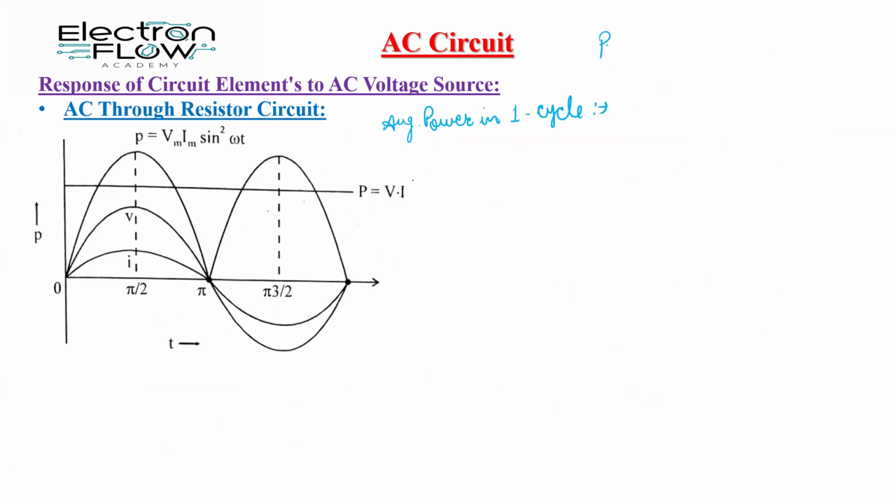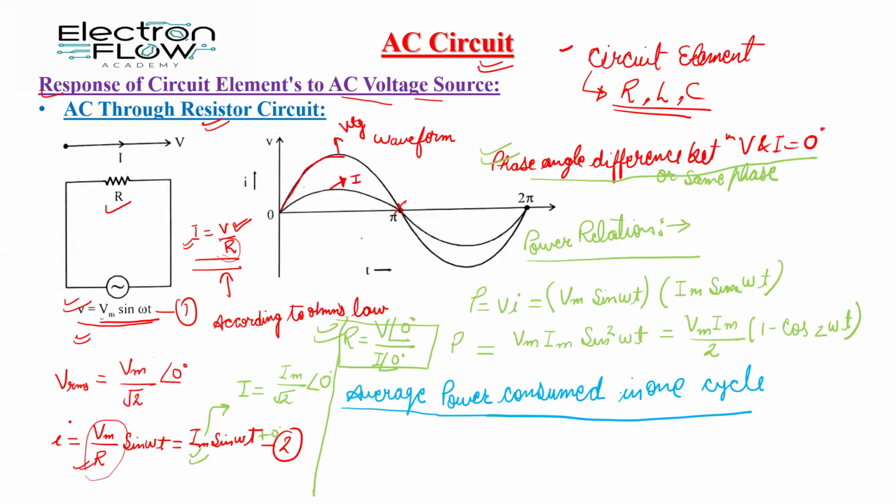So you can write this like P equal to 1 upon periodicity, which for one cycle is 2 pi. And we are calculating the area from 0 to 2 pi, Vm Im sine square omega t d omega t. This expression we are getting here from this value. From here we are getting the equation of the power.